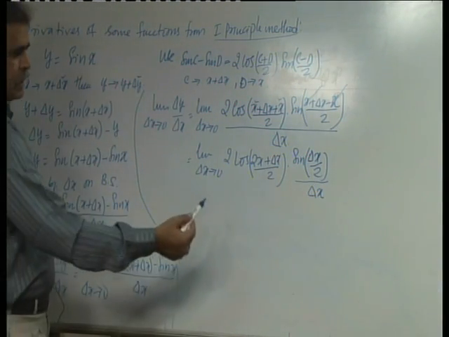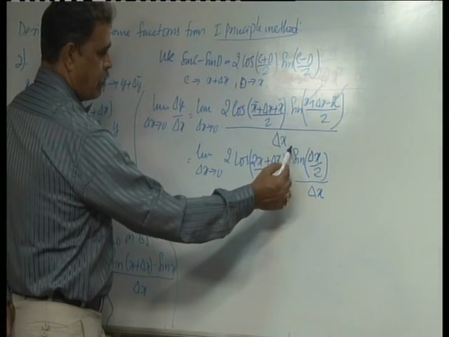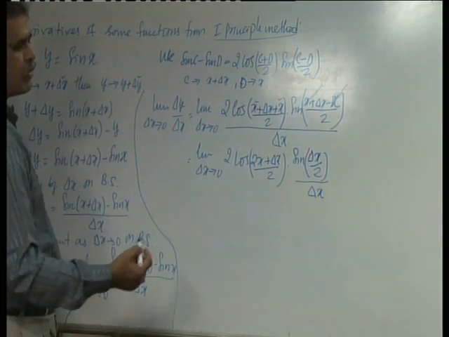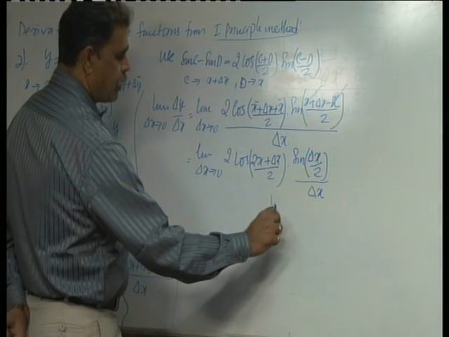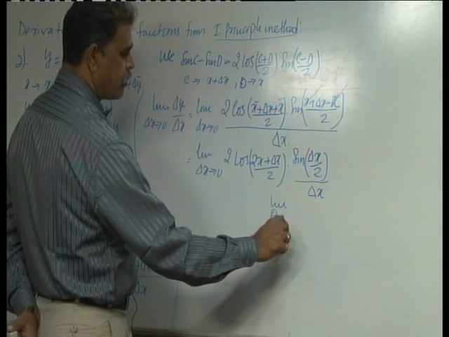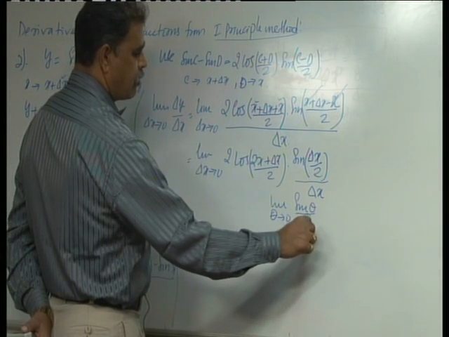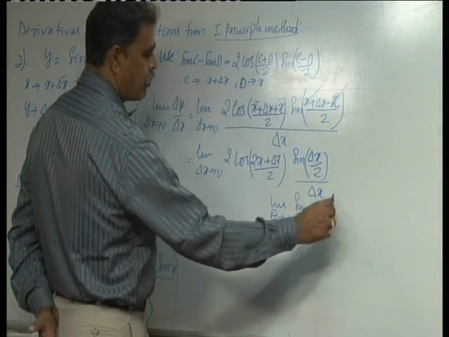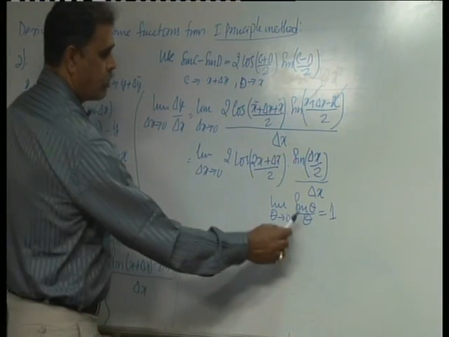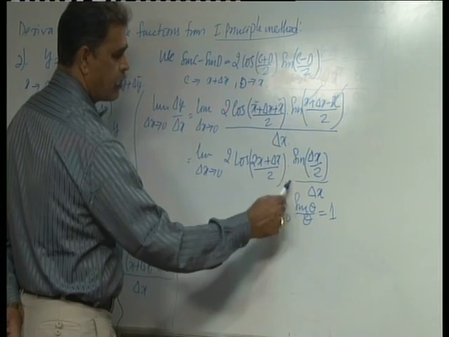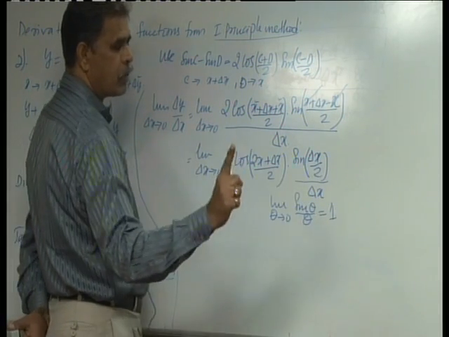Why? See, this can be converted into a standard limit. What is the standard limit? Limit of theta tends to 0 of sin theta divided by theta is equal to 1, no. So, according to that, if I take delta x by 2, then it becomes a standard limit whose value is 1.